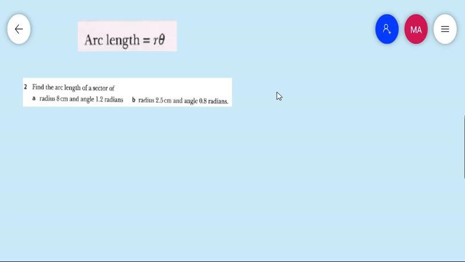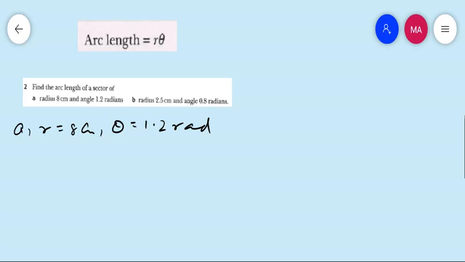The same requirement just like question number 1, find the arc length of a sector. Part A, r is equal to 8 centimeter and theta is equal to 1.2 radians. But in this question, the requirement is not given.